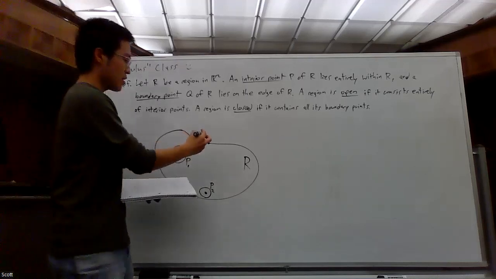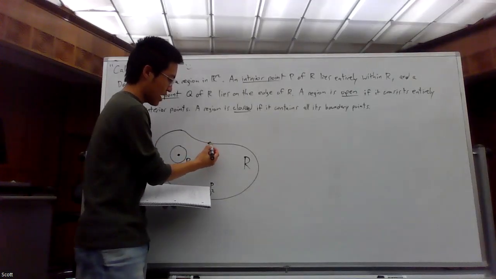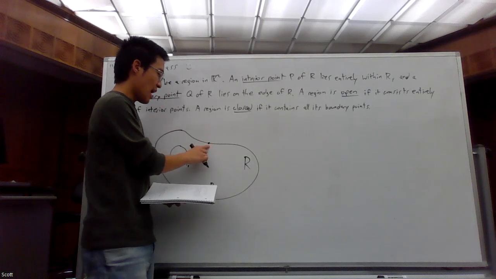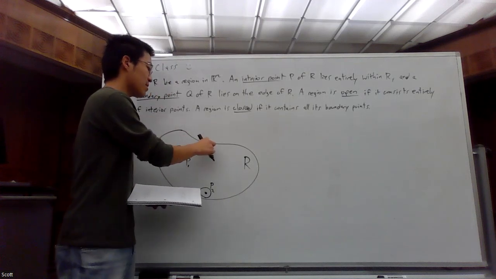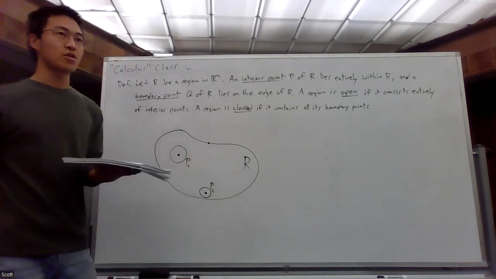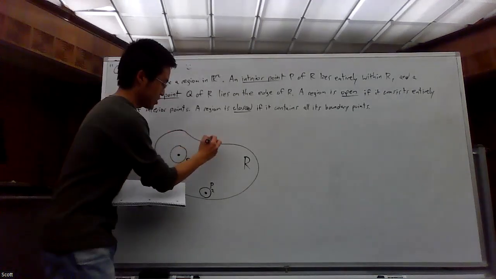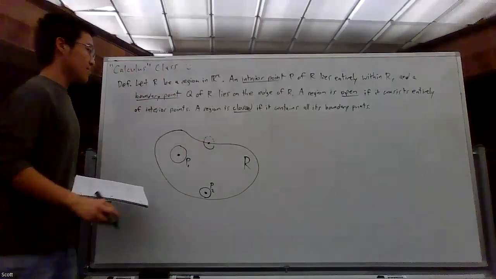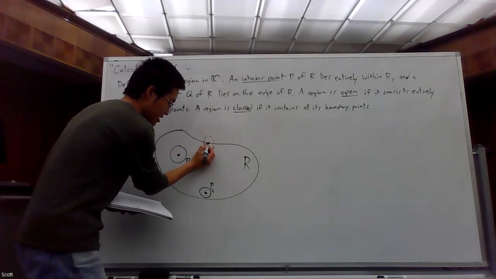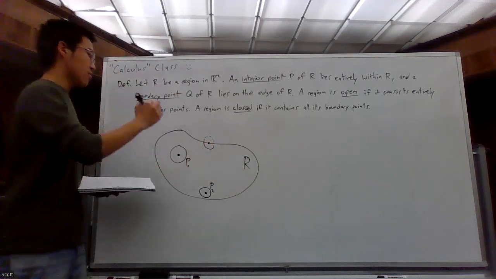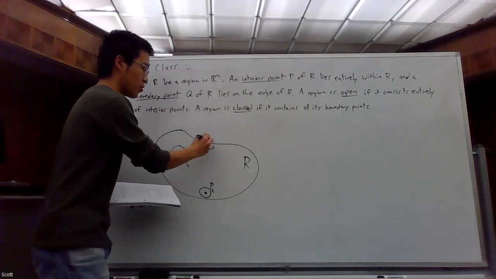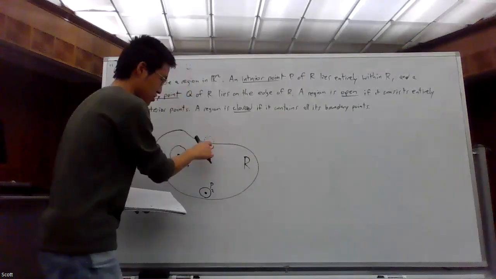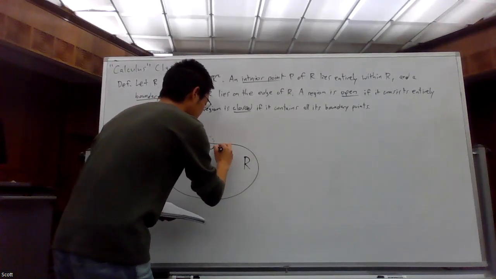There's no way, regardless of how small you make this radius, if it's right on the boundary, every single circular region around this has to contain points that are not in R. Even if I made this infinitesimally small, there will always exist at least one point outside of R. But there are also points in. So we would call this a boundary point.